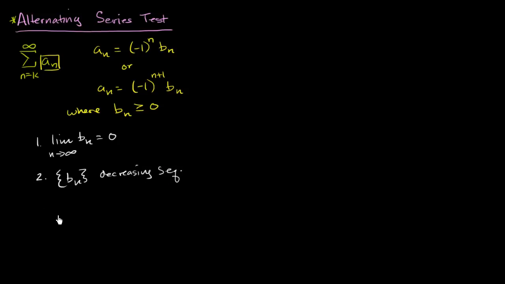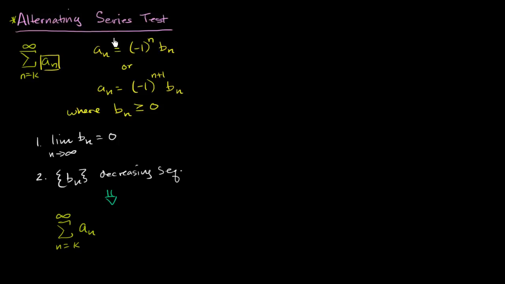Then that lets us know that the original infinite series is going to converge. So this might seem a little bit abstract right now. Let's use this with an actual series to make it a little bit more concrete.